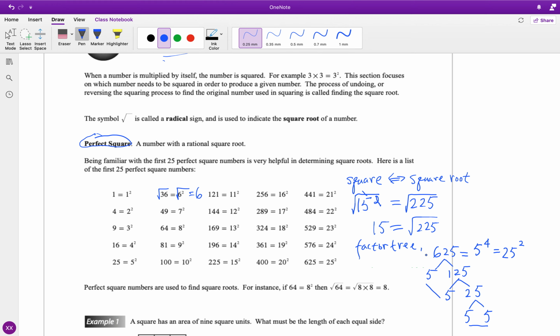So the square root of 625 means the square root of 25 to the power of 2, then they cancel, and that is 25.